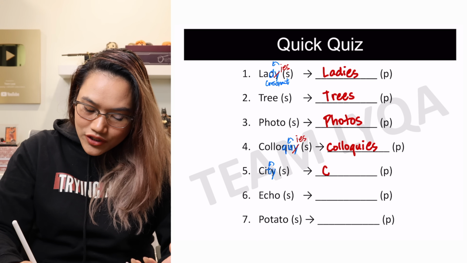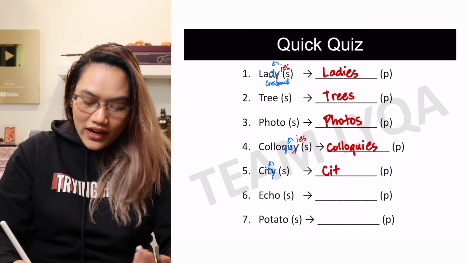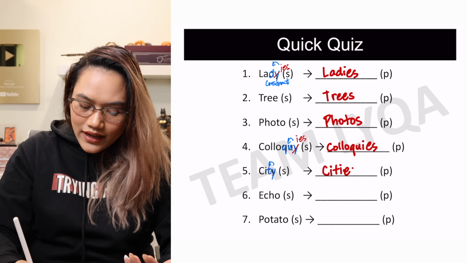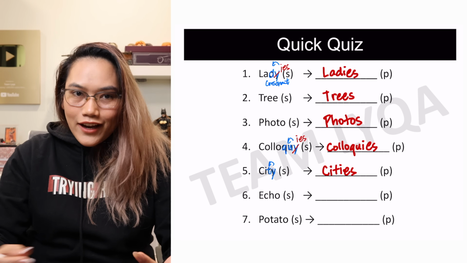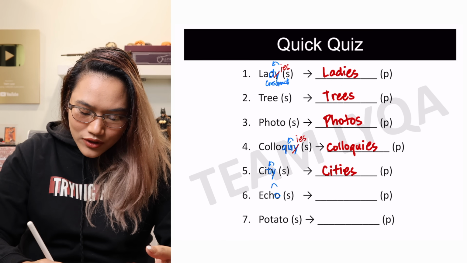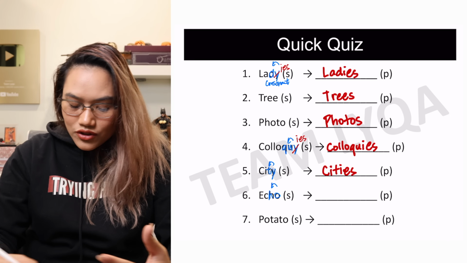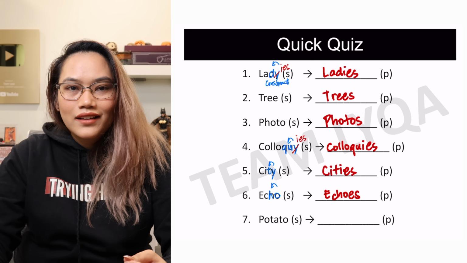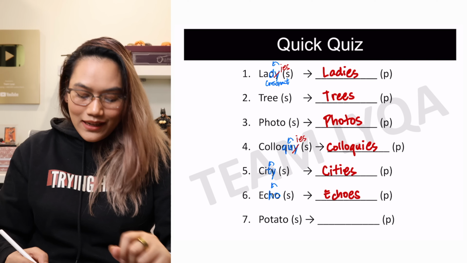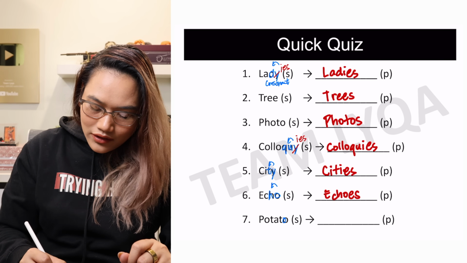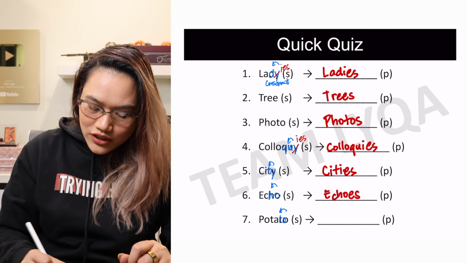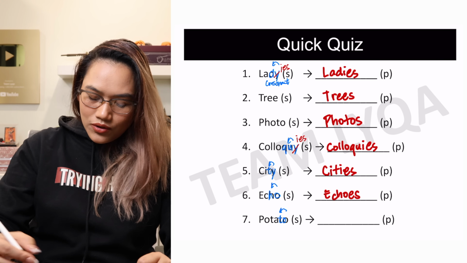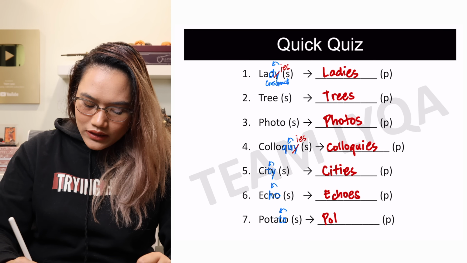So this is just C-I-T, change Y to I, and add ES. Cities. Echo ends with an O, follows a consonant H. So this would be echoes. Hindi echos. Last item sa quiz, potato, ends with an O, follows a T, which is a consonant. So, this would be potatoes with an ES.